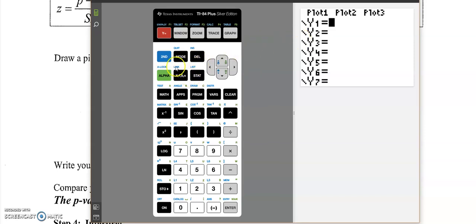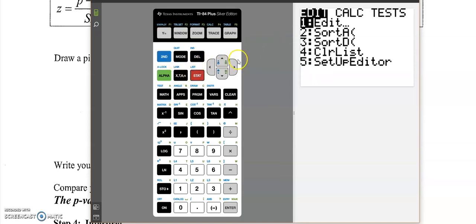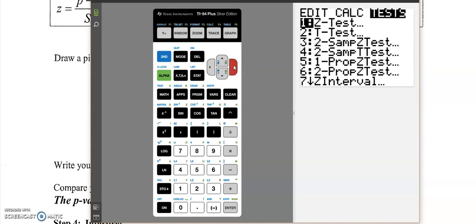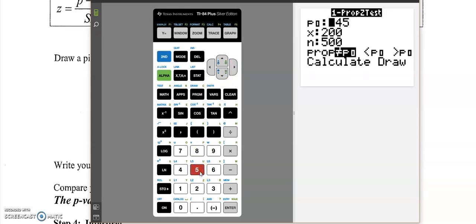So we go to stat, to the right for tests, choose number 5 for one proportion z test. Our p is 0.27. Now remember, the calculator does not want the 0.40. The calculator wants the fraction, and the fraction was 20 for x. Enter.